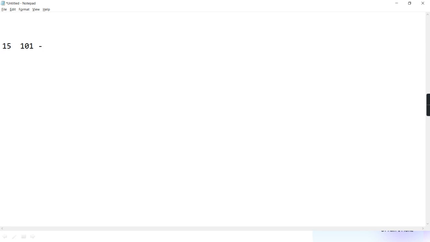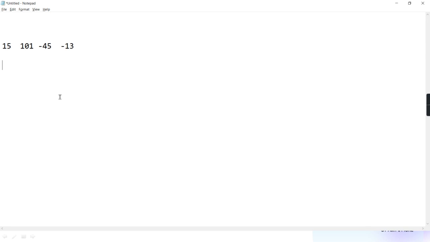If it's a negative value, minus 45 or minus 13, how is it represented in memory? How are negatives stored in memory? As I told, positives are stored in their corresponding binary form.